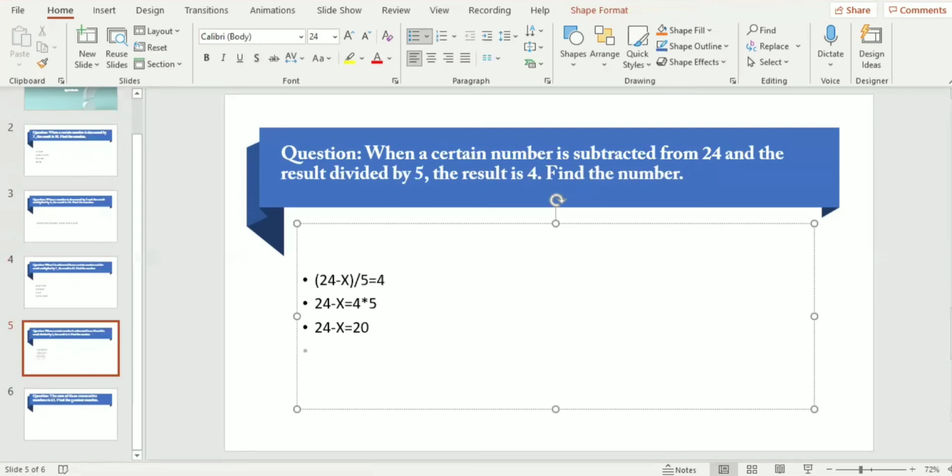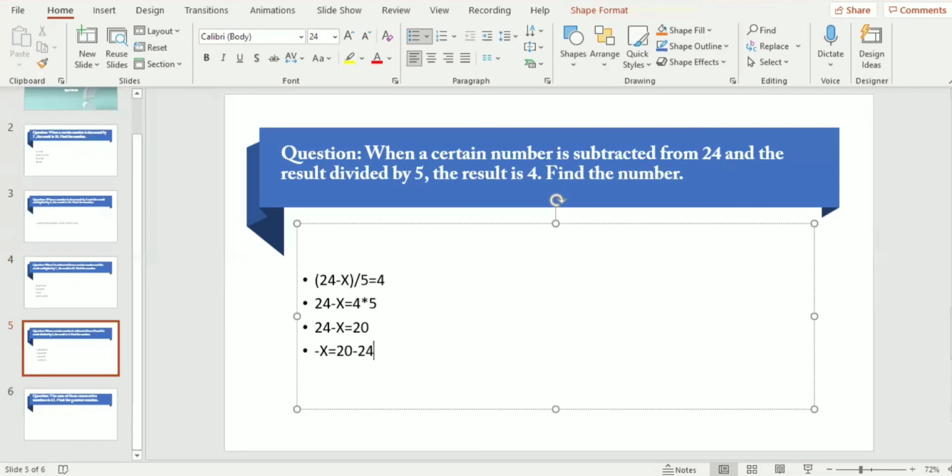Now here we have a very interesting thing: we have a negative sign. If we take 24 there, we are left with minus x is equal to 20, and the 24 is going to be with the negative sign after shifting.